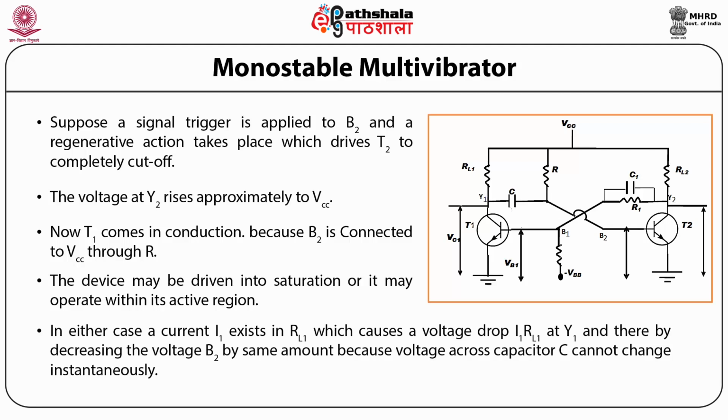In either case, the current I1 exists in RL1, which causes a voltage drop I1 RL1 at Y1 and thereby decreases the voltage at B2 by the same amount, because the voltage across the capacitor C cannot change instantaneously.